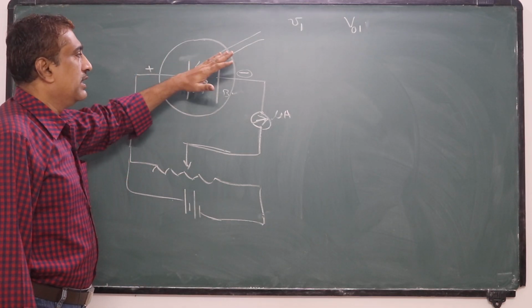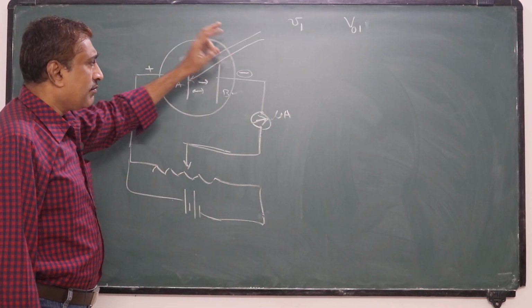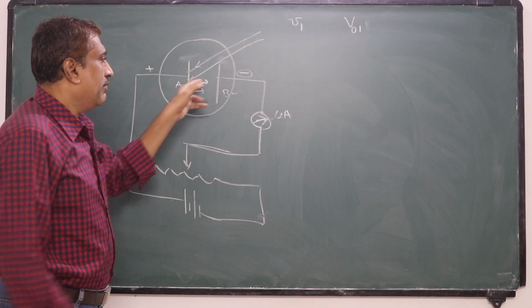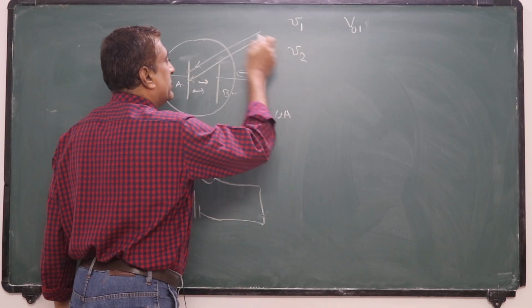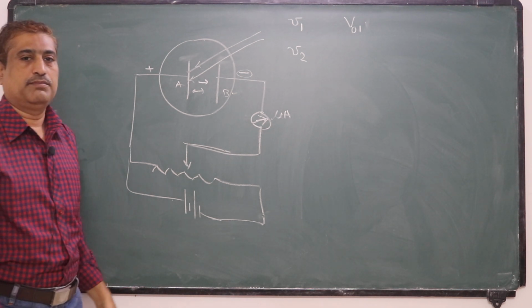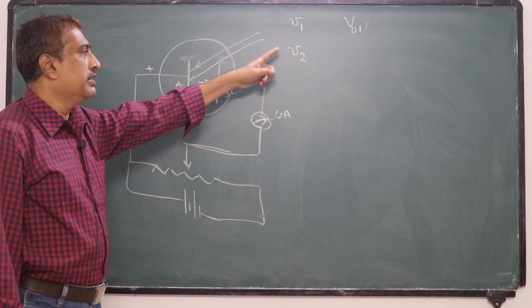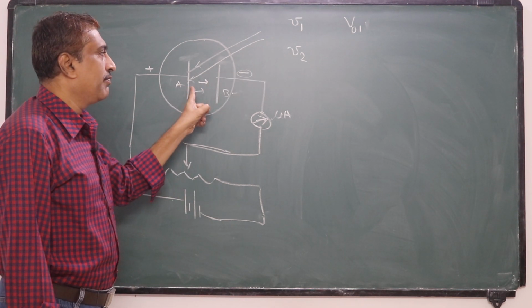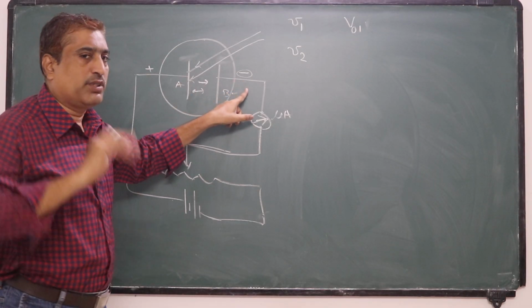Now the next one: light of frequency nu2 is made to incident on this metal. Again the same procedure is repeated.